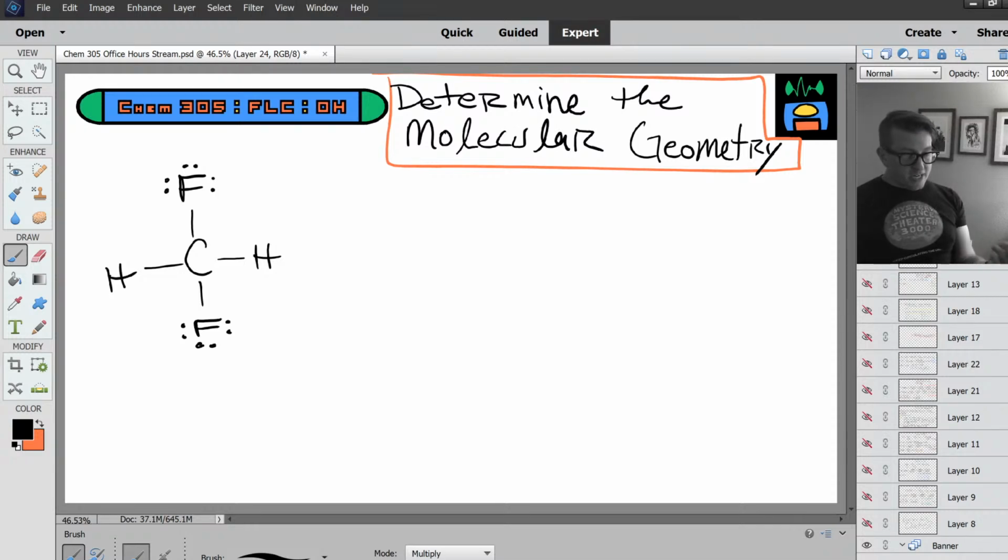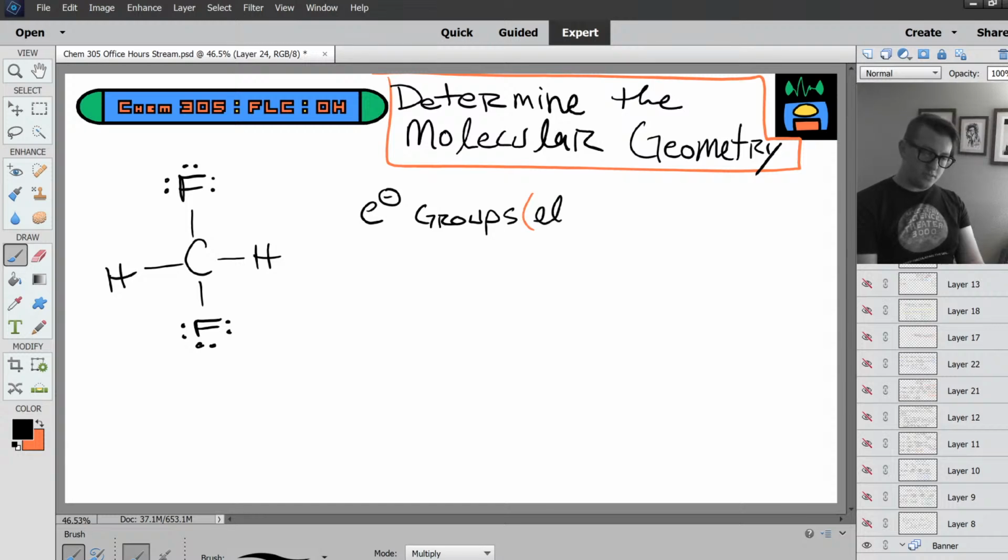Whenever you're determining the molecular geometry, you've got to look at two things. You've got to look at your electron groups, because this will give you the electronic geometry.